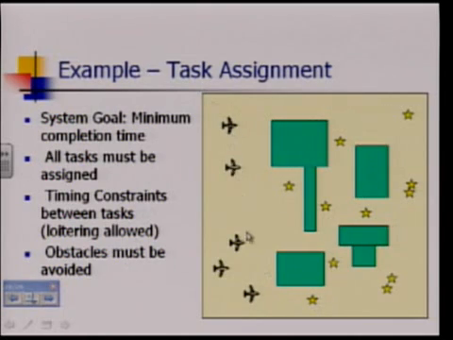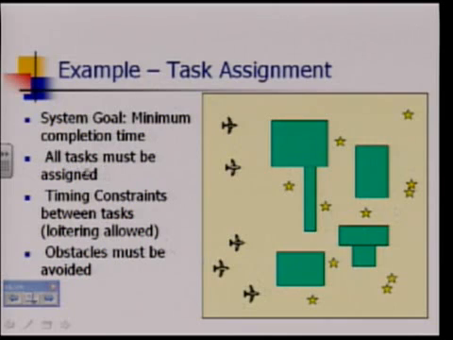These are things you want to assign to cover these stars. You can say you want to find a good flight path to avoid obstacles and also cover these. And then basically, you want to minimize the mission completion time for a collaborative, maybe surveillance, mission to cover these spots.